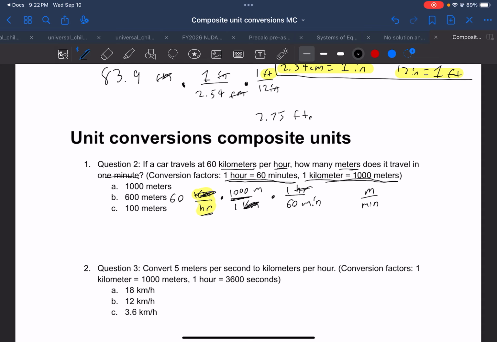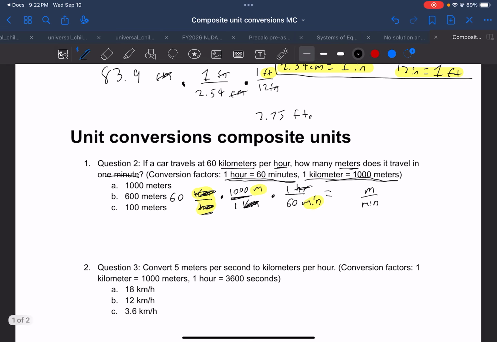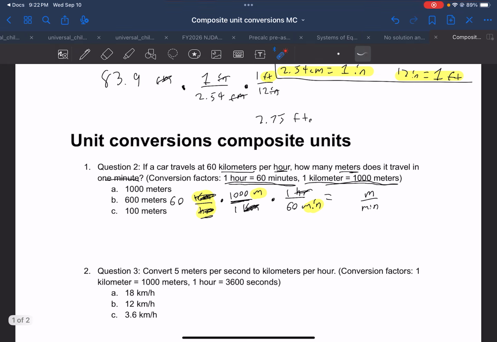And now hours and hours are going to cancel out, and my new unit is going to be meters per minute, which is what I want. The actual math I'm doing, if I just look at the numbers, is taking 60, multiplying by 1,000 and dividing by 60. So 60 divided by 60 is 1, times 1,000 is just 1,000, so my final answer is 1,000 meters per minute.